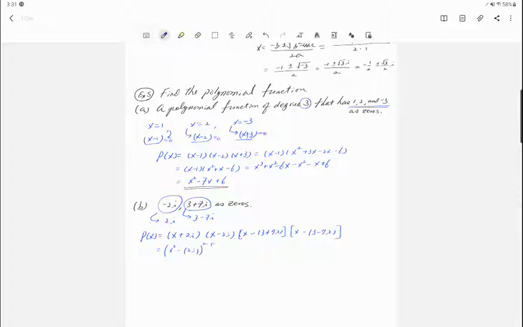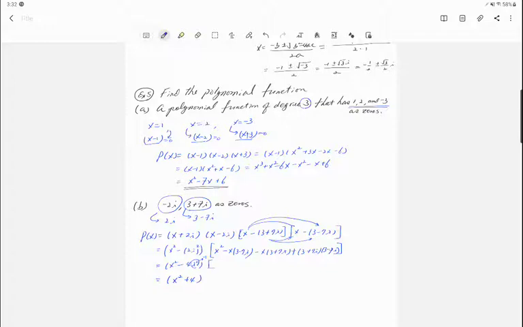Then inside this one, multiply these: x squared, then minus x times 3 minus 7i, then minus x times 3 plus 7i, and finally plus 3 plus 7i times 3 minus 7i. This takes a lot of time.